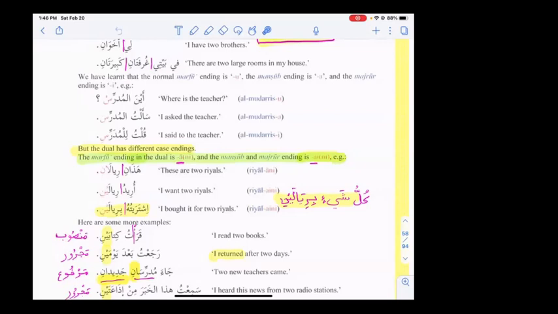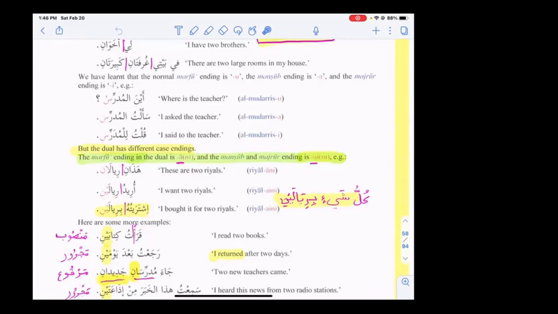So hadani riyalani, riyalani. So it is ani, but we will say this is a dual, and it is marfu bil alif. Just remember marfu bil alif. And then uridu riyalaini. See, lani, laini.